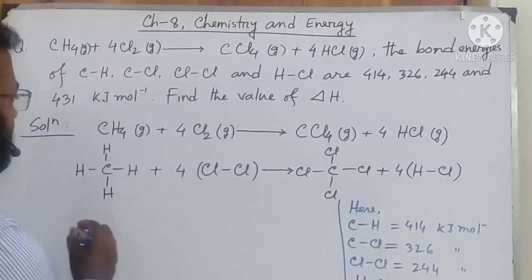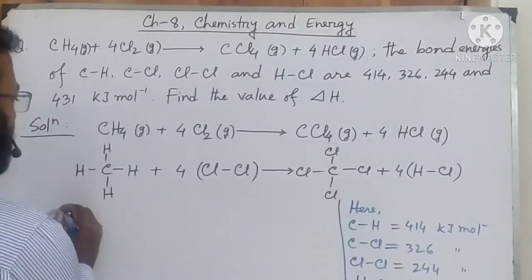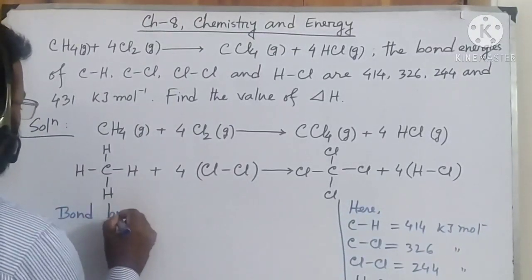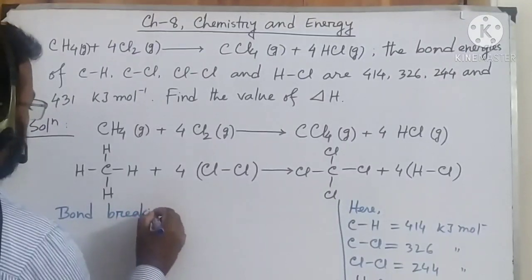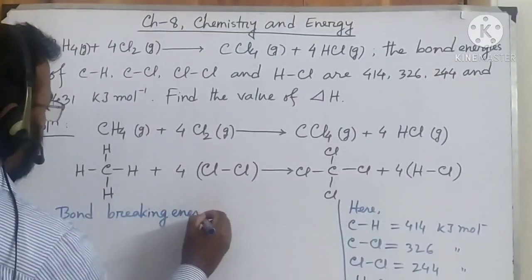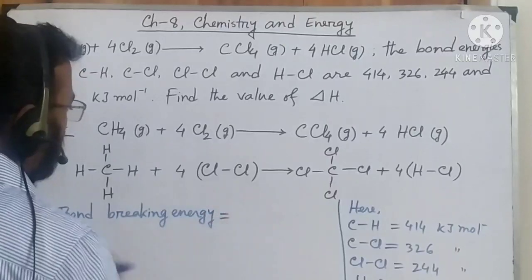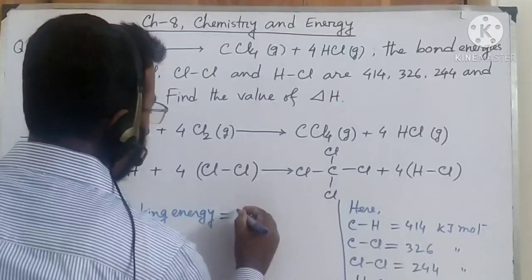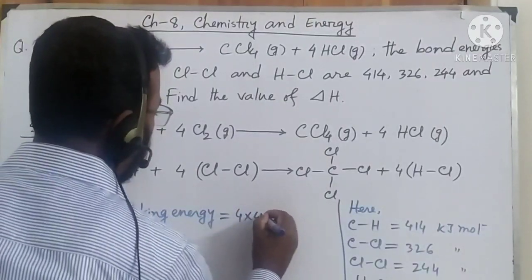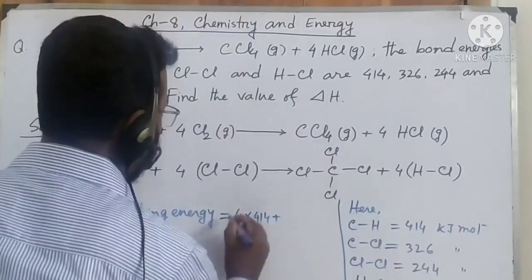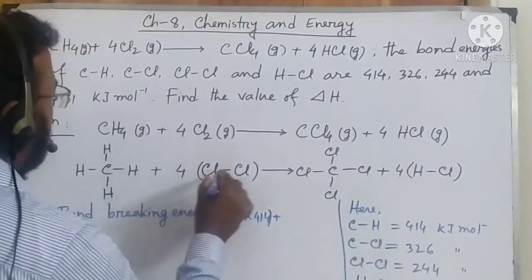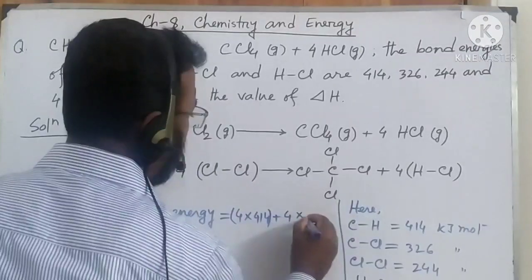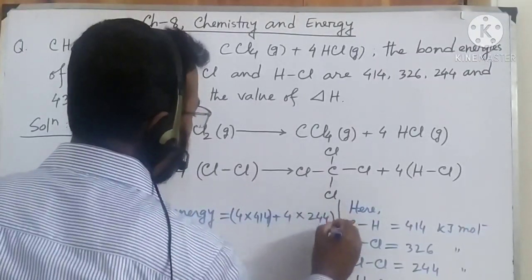We have to find out, at first, the bond breaking energy. How many bonds are breaking? 4 carbon hydrogen bonds, so it will be 4 into 414 plus, then how many chlorine? It is also 4, so we multiply 4 into 244.